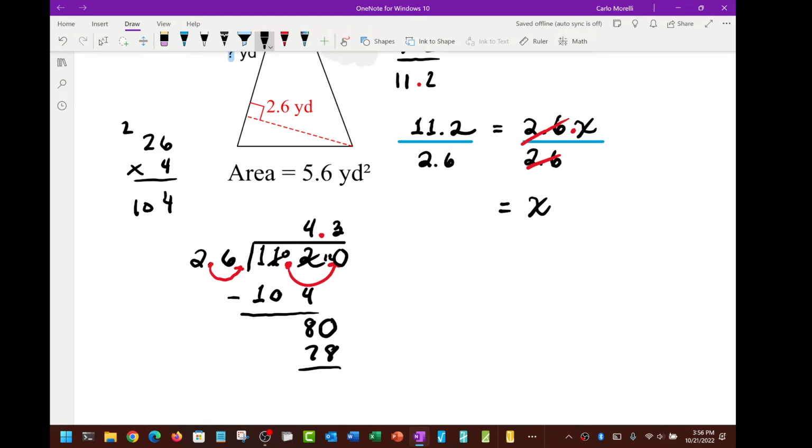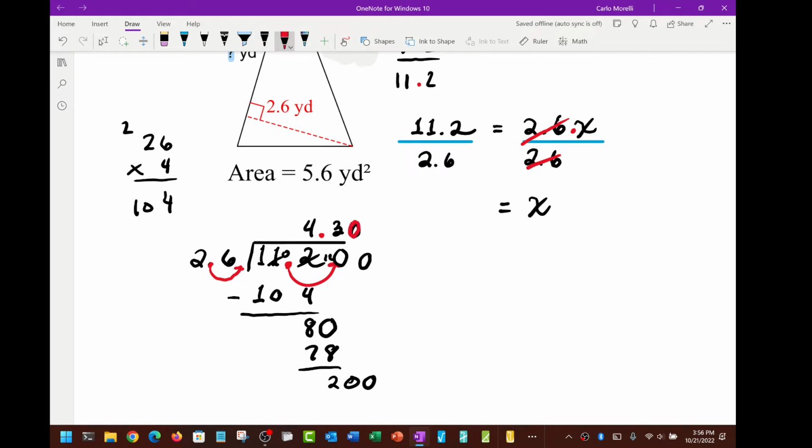Okay. And now this is the moment of truth. So we got 20 as a remainder. Now 26 is bigger than 20. Okay. So we're going to have to bring down another 0. But when we do that, whenever you get in a situation like that, you put a 0 here. Okay. So why is that important?